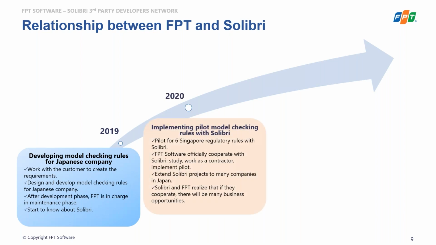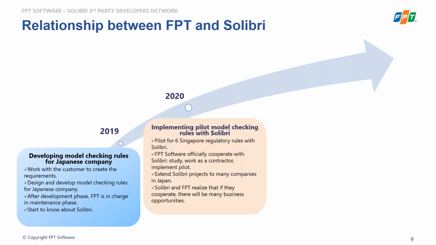That's when we move on to the year 2020, where we focused on implementing pilot model checking rules with Solibri. One of them, of course, was a pilot for 6 regulatory rules in Singapore, which I will talk about a bit later in one of the case studies. We actually officially cooperated with Solibri.